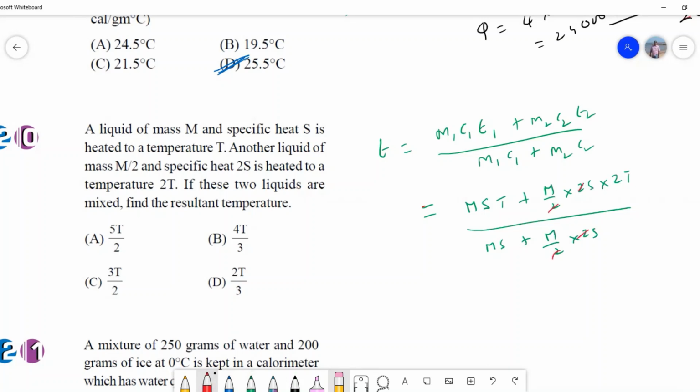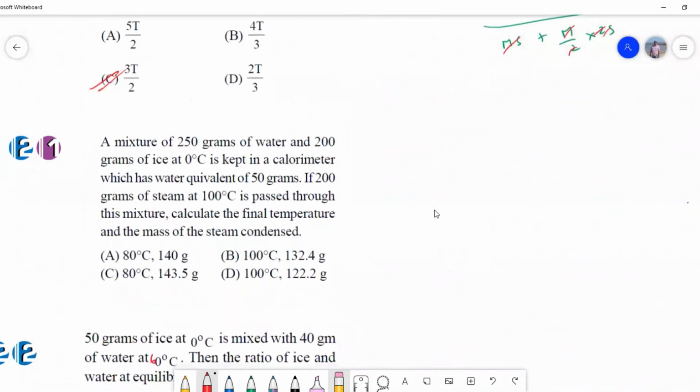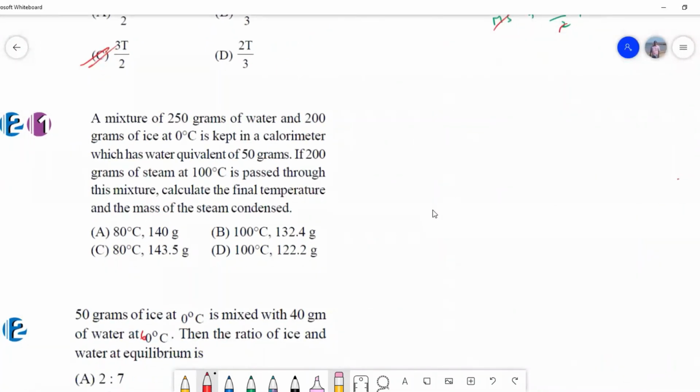Here also 2 cancel, and everywhere I can cancel MS, everywhere it will be cancelled. So ultimately I'll do 2T plus 3, that is 3T, and by 2. So the answer is 3T, but it's a direct formula based simple problem.